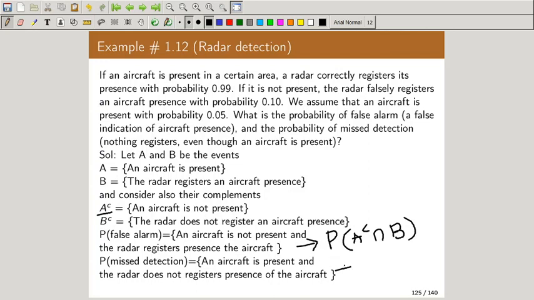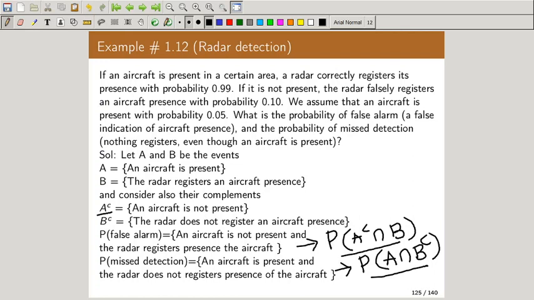What about the probability of misdetection? The probability that an aircraft is present, which means A, and the radar does not register the presence of an aircraft, which means A intersection B complement.